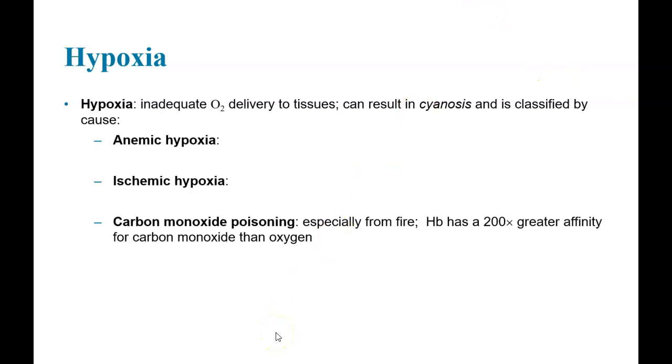And then carbon monoxide poisoning, which happens especially when there's a fire, is caused because hemoglobin has a higher affinity for carbon monoxide than it does for oxygen. So it prevents the oxygen from binding to the hemoglobin.